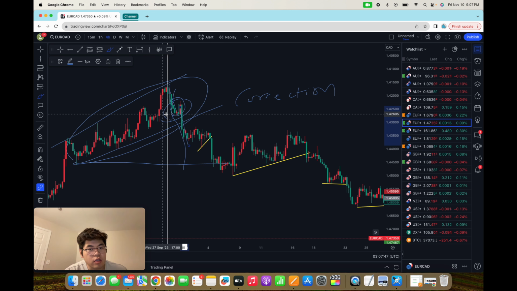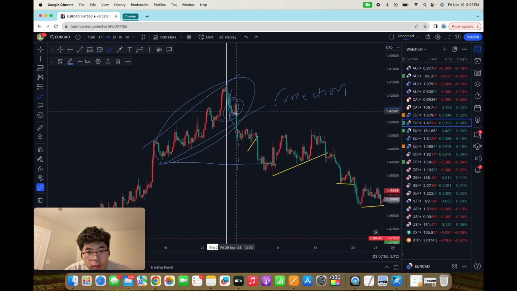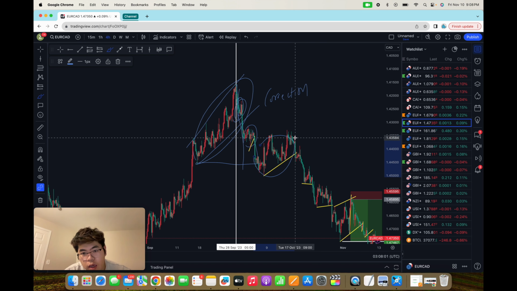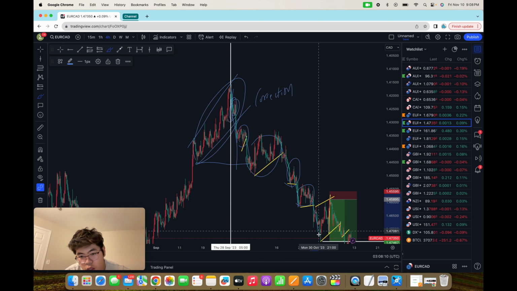We spotted this as a corrective area. So with that, followed by an impulse, another correction, impulse, another correction, and then it's a continuation. But we want more confirmation. So a correction, continuation, another correction, continuation.